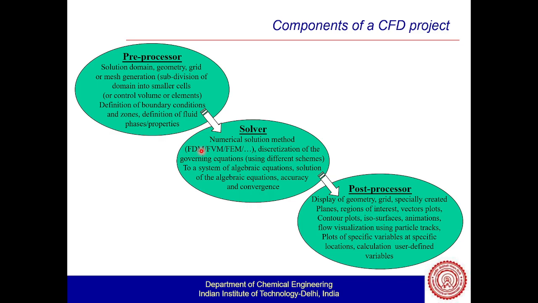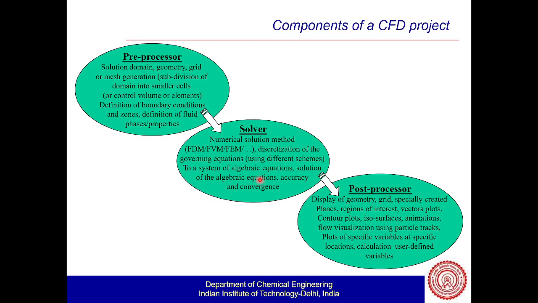Then we discretize the governing equation. After discretizing this partial differential equation, we get a system of algebraic equations. The system of algebraic equations is converted into a matrix format, which is Ax equals B format, where you have to find out x.